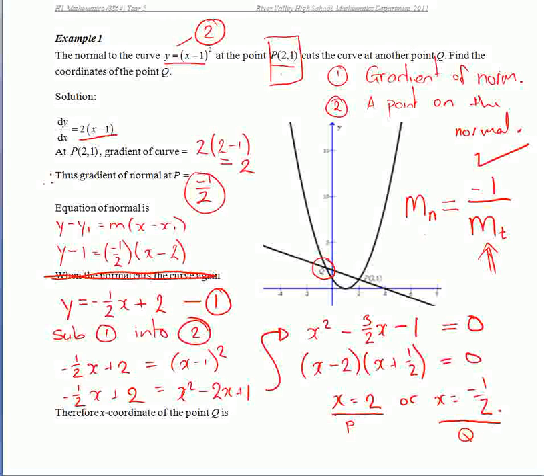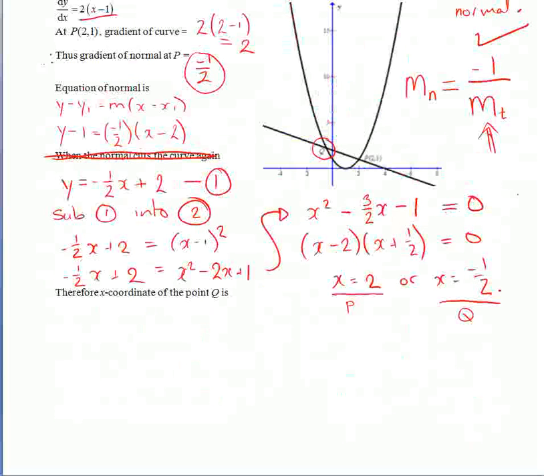So what are we going to do? The x-coordinate of the point Q is x equals -1/2. So what is the coordinate? Therefore, the y-coordinate, we just substitute it into the equation of the curve.